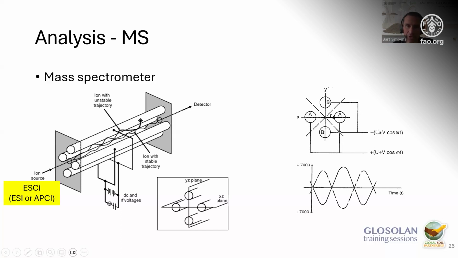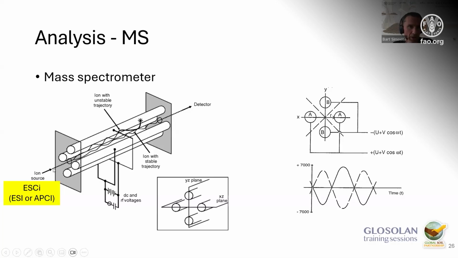That electrical tension has one part that is a constant value that we will call U, and it has a variable signal with a certain frequency omega and a certain amplitude V. And so the 2 A rods are submitted to the same electrical tension, and the B rods are submitted to the same as well, but with a different sign than the A rods. And so we create a complicated electrical field between all these rods.